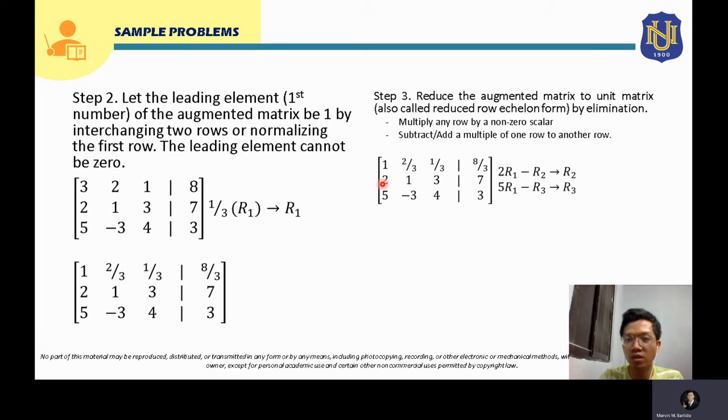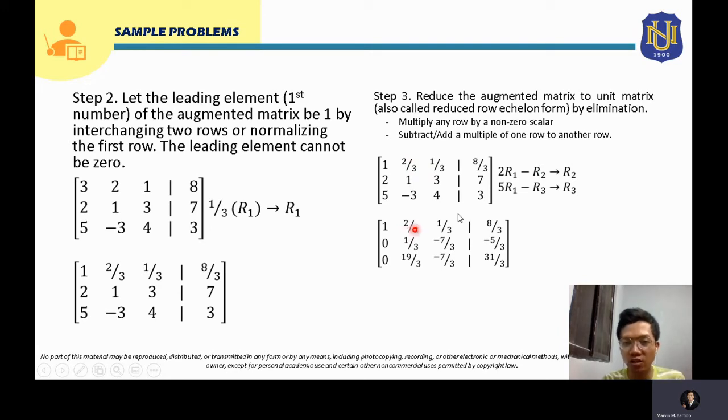Again, we are going to perform this. So 2R1, so 2 times 1 minus R2, so R2 is 2. So 2 times 1 minus 2, that will be 0. So this will be the new row 2. Then 2 times 2/3 minus 1, that will give you 1/3.